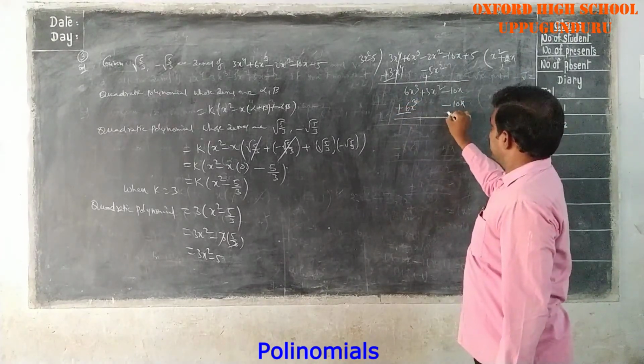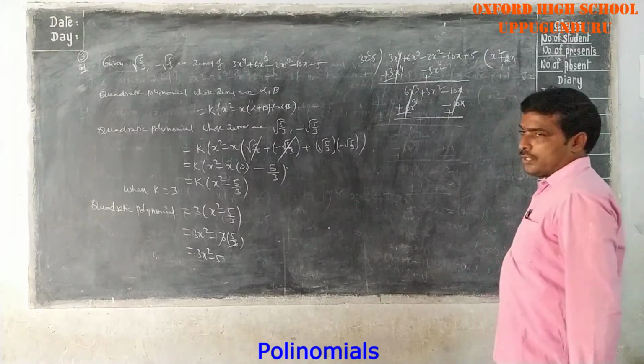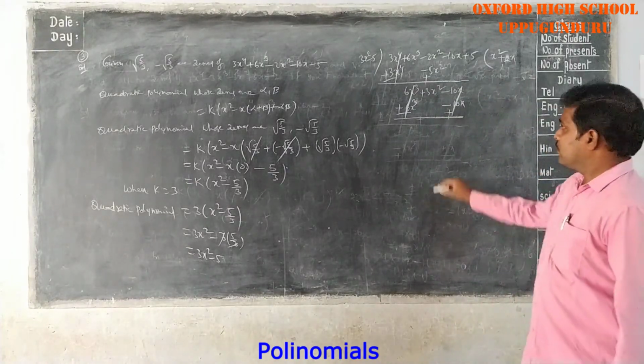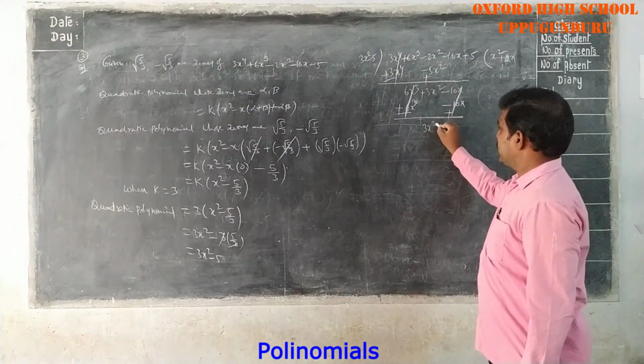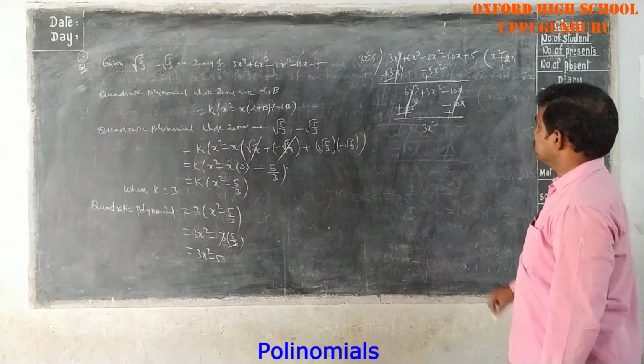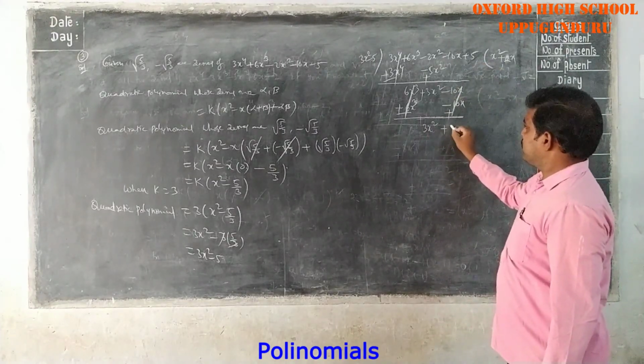Plus becomes minus, minus becomes plus. These two get cancelled. 3x square you have to write as 3x square. Next term is plus 5.